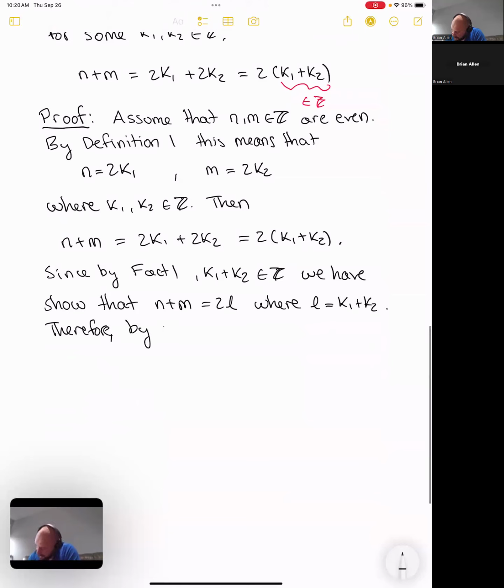by definition 1, by the way, I'm going to often abbreviate these things DEF for definition, this means that n plus m is even. Done. Okay, when you end a proof in mathematics, one way to do that is by putting this little box.